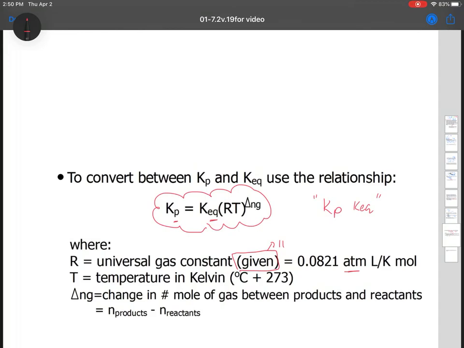We're going to use the atmosphere form, not the 8.314, which was kPa. So we're always going to use the ATM form. You do have to make sure big T means temperature in Kelvin, so you're going to have to do degrees Celsius plus 273. And then this exponent up here stands for change in moles of gas. How do we figure that out? You look at the difference between the coefficients, and again, you need to remember products minus reactants, not the other way around.